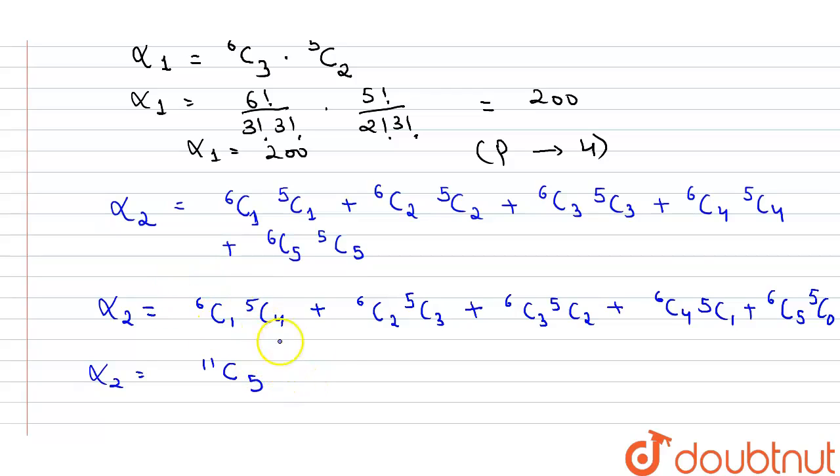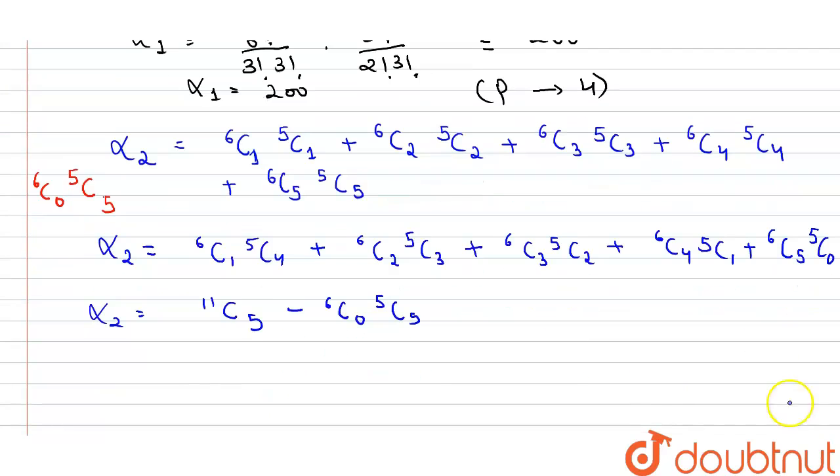And if we see the series, there should be one more term over here, that is 6C0 and 5C5. 6C0 and 5C5 should also be there in the series, but it is not, so we have to subtract it. So subtract 6C0, 5C5.